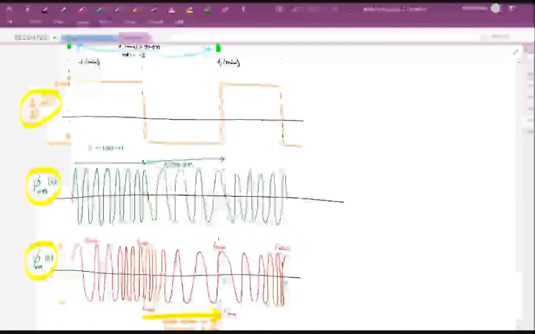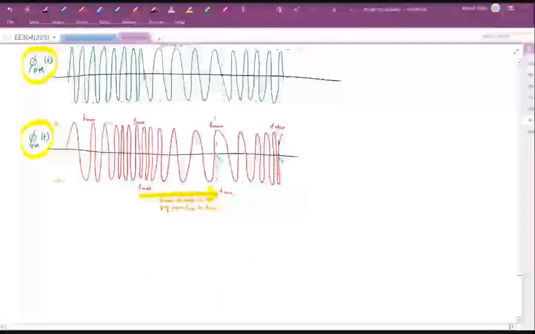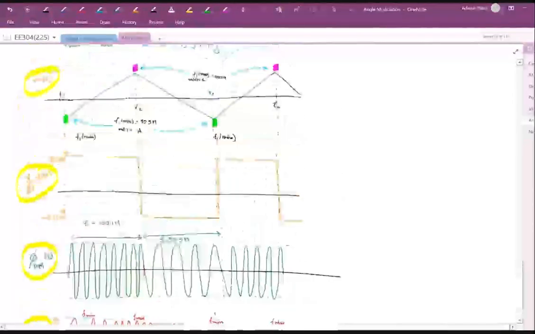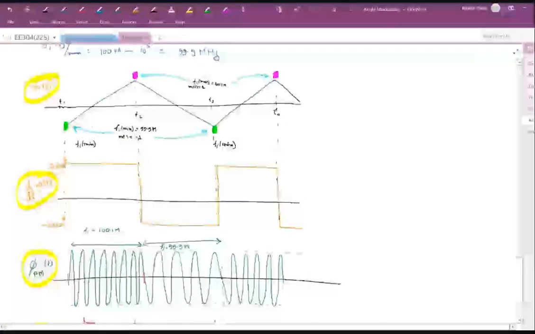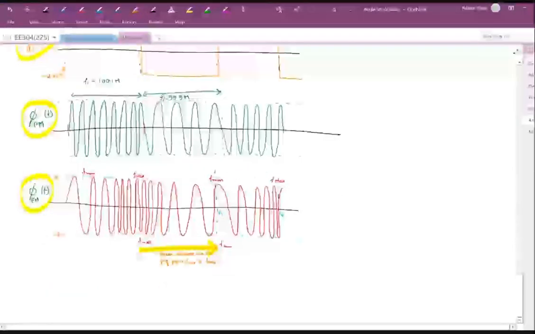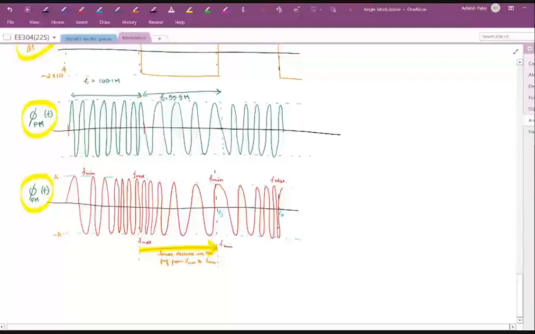And then we saw the frequency modulated signal. Because the signal was changing linearly from time t1 to t2, that's why the frequency was also changing linearly from time t1 to time t2.